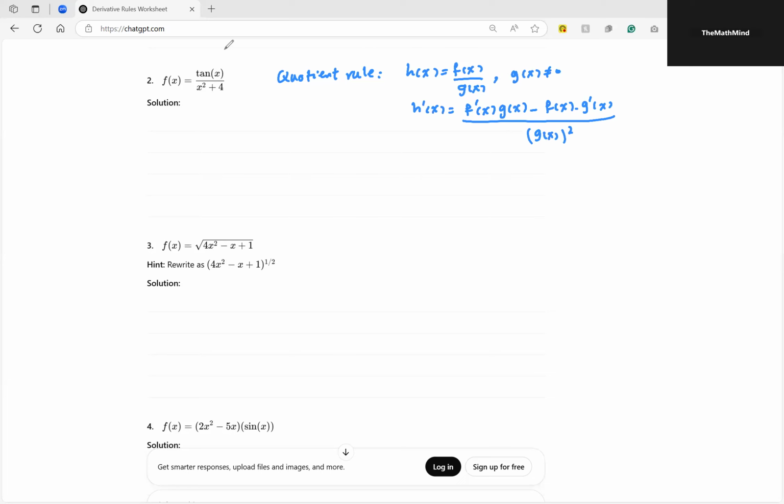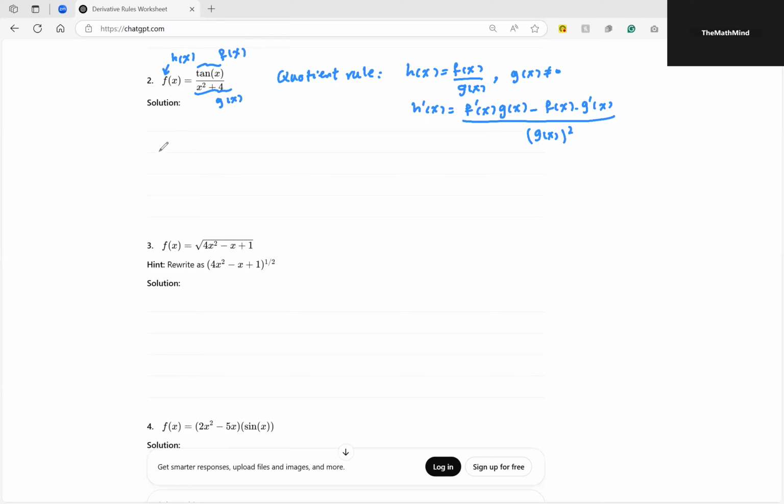So now you see here the top function, for example, assume that this is h, tan is f, and x squared plus 4 is g. It's a quotient.